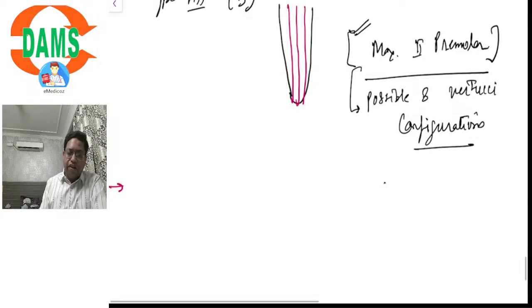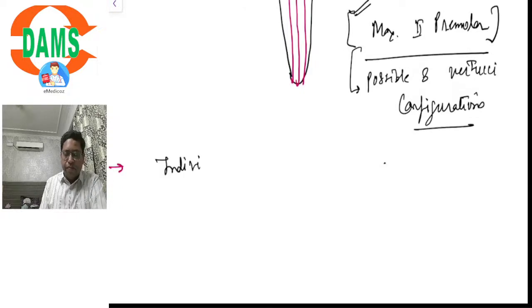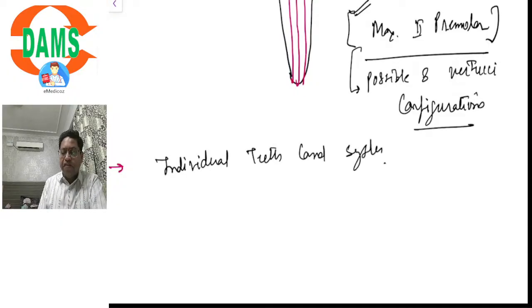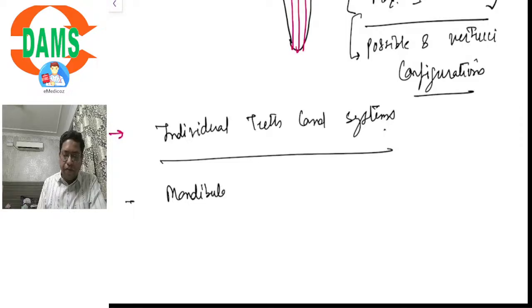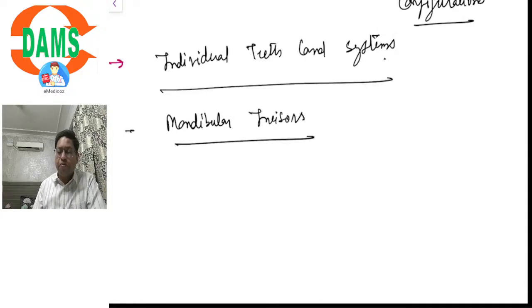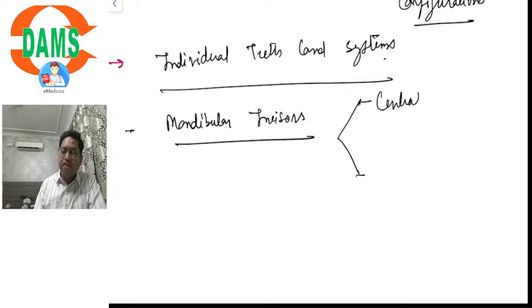Now we talk about individual teeth canal systems. Whatever we have talked about till now is a generalization of the distribution of the root canals and their configurations. Now we talk about mandibular incisors. As a group of teeth, they consist of two types of incisors, a central incisor and a lateral incisor.